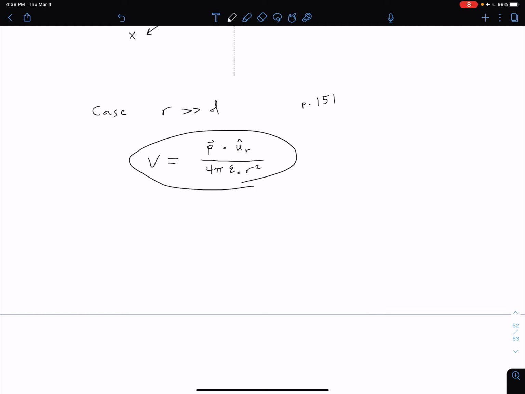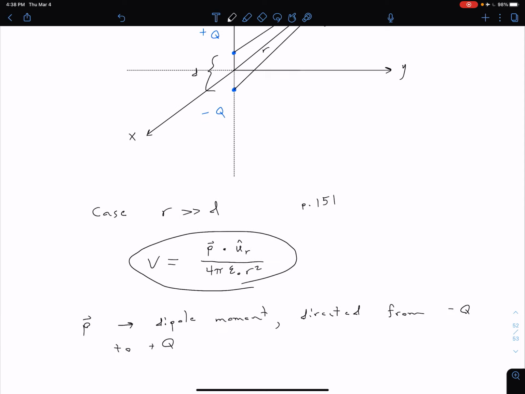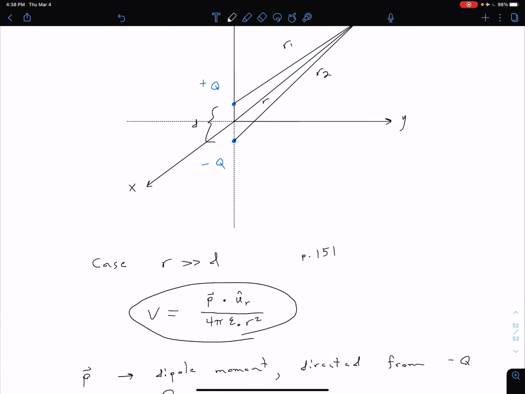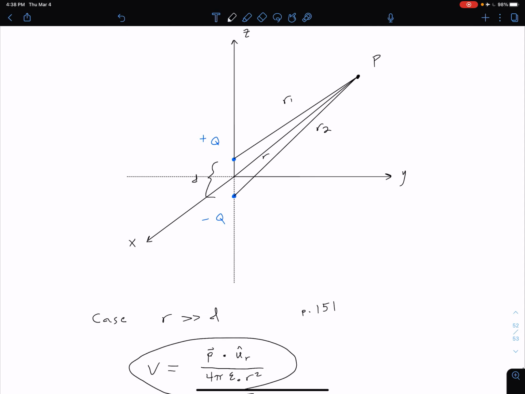This P, which is a vector quantity, is called our dipole moment. Our dipole moment is always going to be directed from negative q to positive q. What that means for our configuration above is that our dipole moment is going to be in the positive z direction.